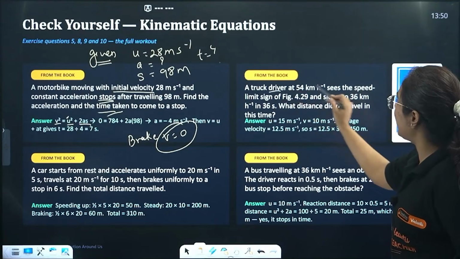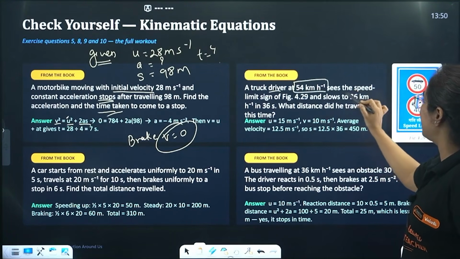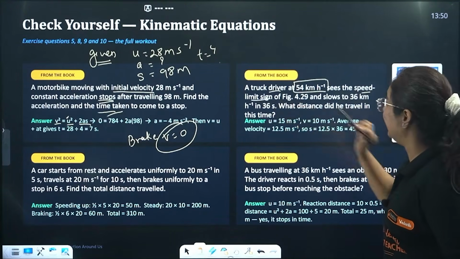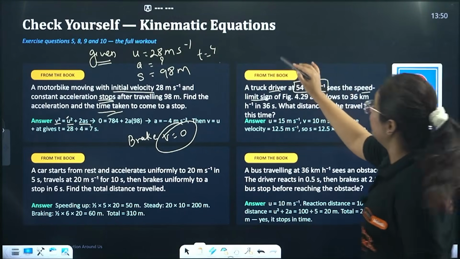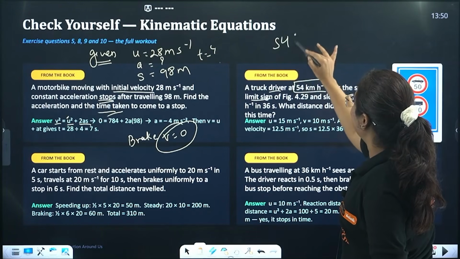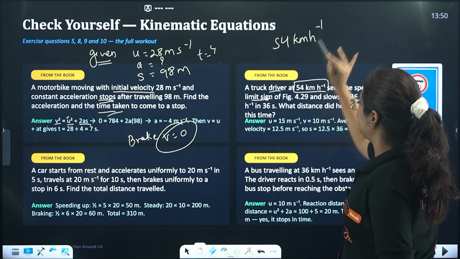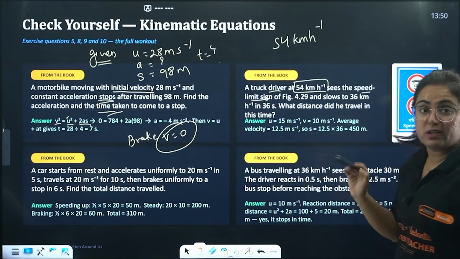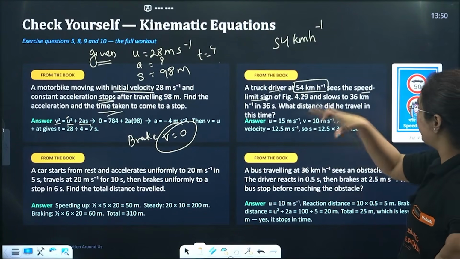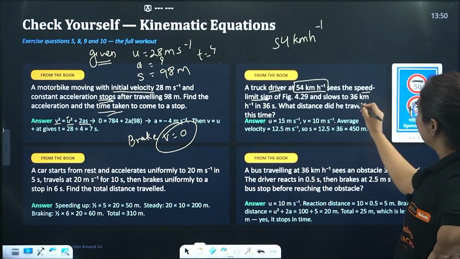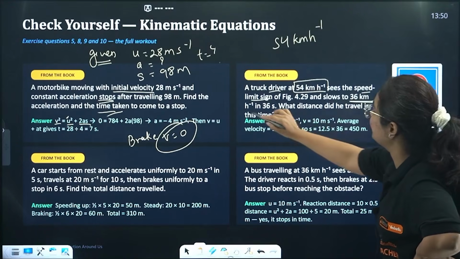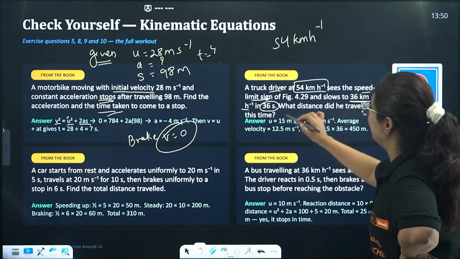Next is a truck driver at 54 km per hour sees the speed limit sign. So the truck driver was already moving at 54 km per hour. Now he saw a signboard asking him to reduce the speed, and he decreased the speed to 36 km per hour in 30 seconds.